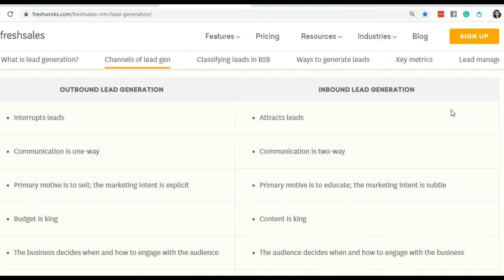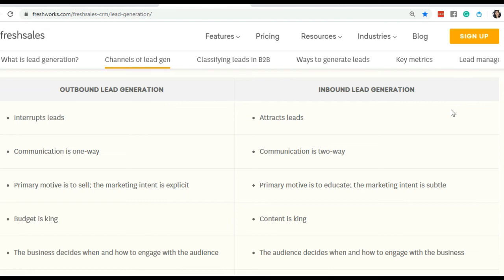Now, for outbound lead generation, communication is usually one way. As for inbound lead generation, communication is two-way. For outbound lead generation, the primary motive is to sell. The marketing intent is explicit. So you would see sponsored ads on Facebook, on Instagram, or on YouTube. Usually you would be targeted and they would be selling a product or their service.